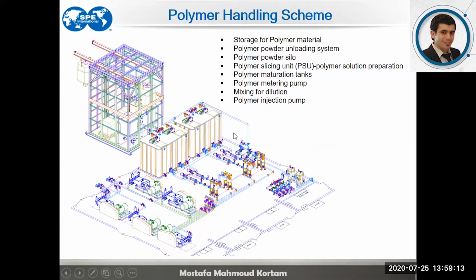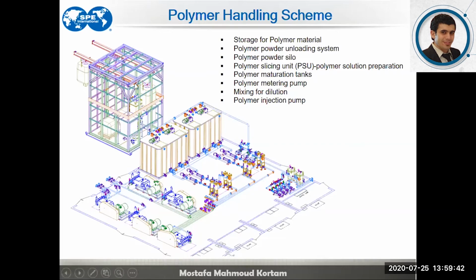Then it passes through the polymer metering pump that is responsible for delivering the thick polymer solution into the mixing unit, where an additional dilution takes place to the particular designed solution and concentration of the polymer that, as we explained, ranges from 250 or 400 up to 4,000 ppm.